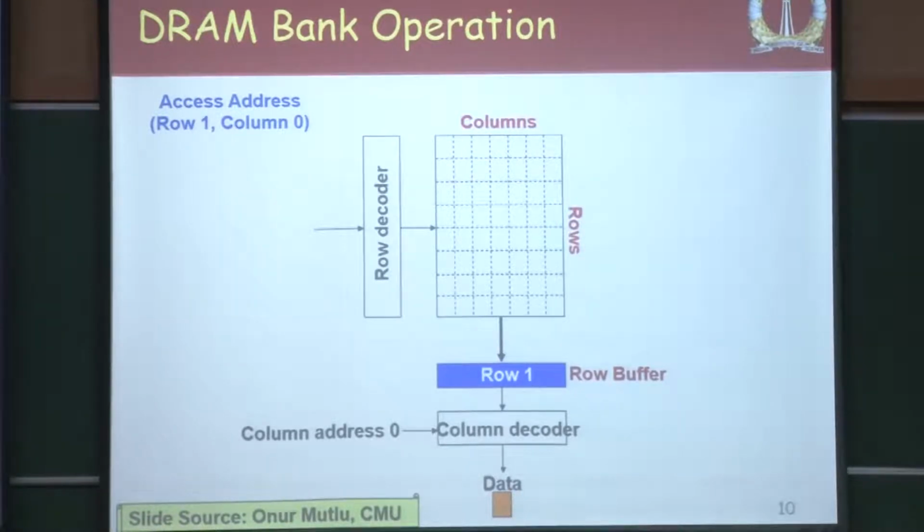There is a capacitor there, so when you read it, the capacitor discharges and therefore you are expected to write it back. Also, as I mentioned earlier, any writes that happen in between only happen in the row buffer, and that also needs to be reflected. That is why you always write it back. Any other questions?